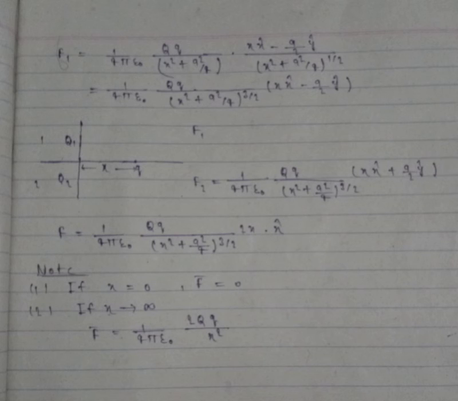Note 1, if x is 0, f is equal to 0. That makes sense because if the charge is here, there is nothing really, this fellow pushes it this way, the other fellow pushes it this way, and the net force is 0.